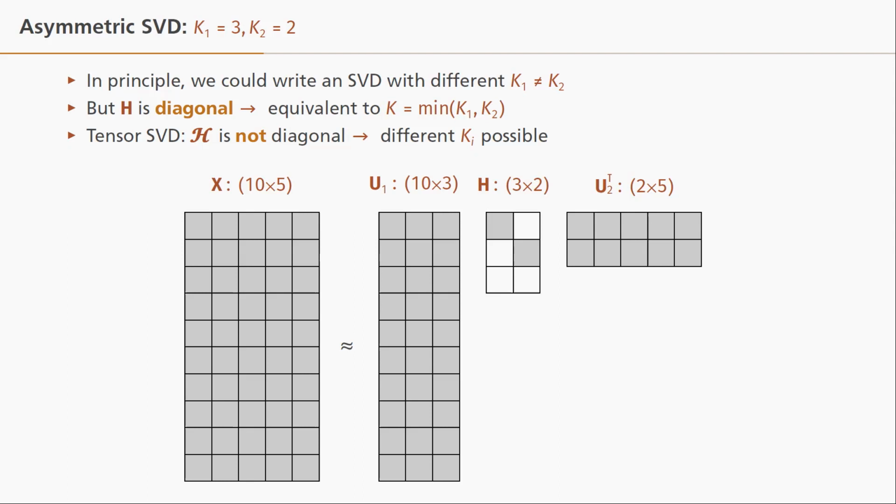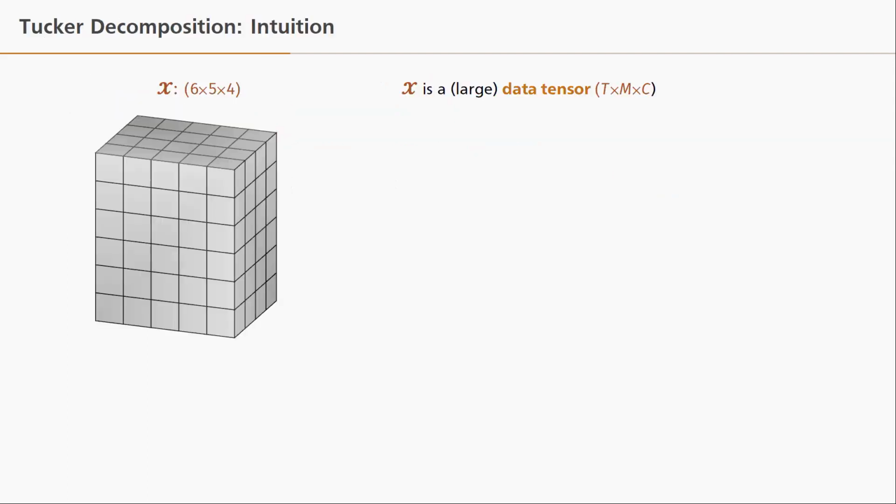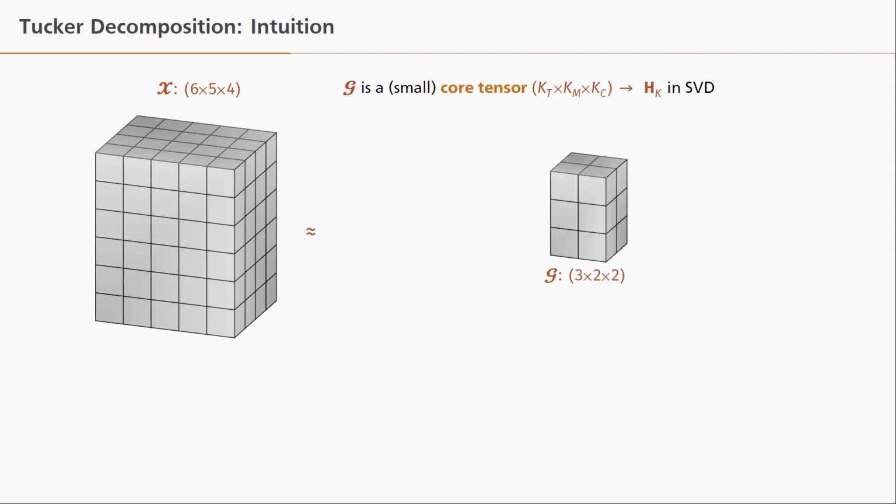Okay, so here's the corresponding picture for what's called the Tucker decomposition. The Tucker decomposition extends the SVD to tensors. Let's say we have a large data tensor, here 6 by 5 by 4. Then we have what's called the core tensor.